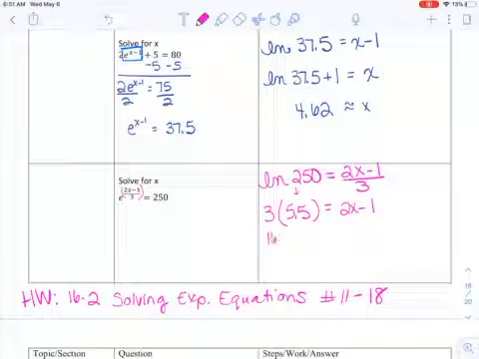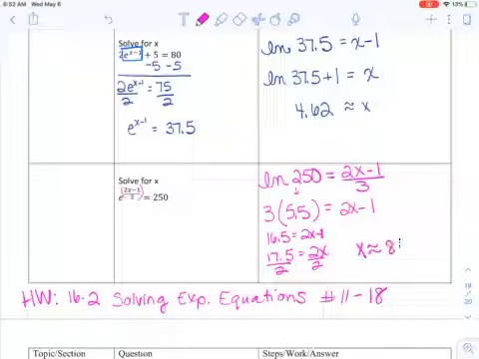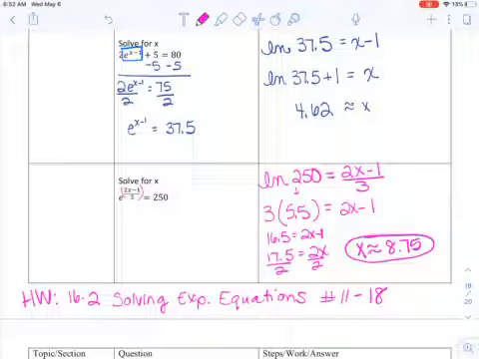So I have about 16.5. I add the 1 to both sides, so that's 17.5. And then I divide by 2. And x is about equal to 8.75. And again, that's a rounded answer. Even though I didn't have to round at the 17.5, I did round in the problem. So that's an approximate answer.